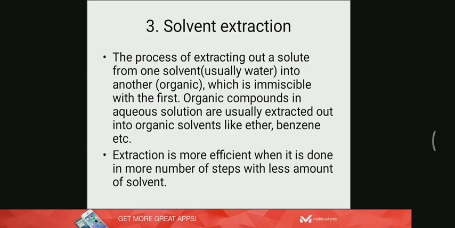So that is solvent extraction. Organic compounds in aqueous solution are usually extracted out into organic solvents like ether, benzene, etc.